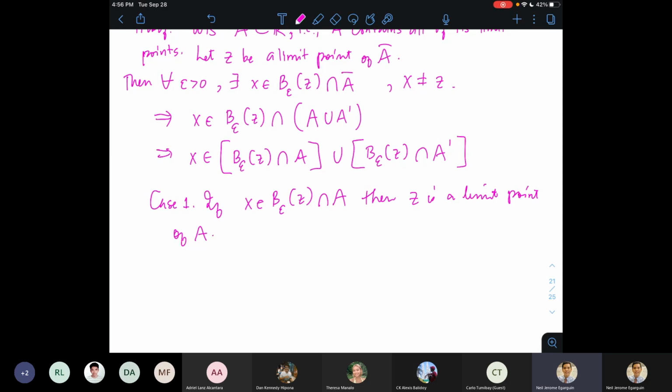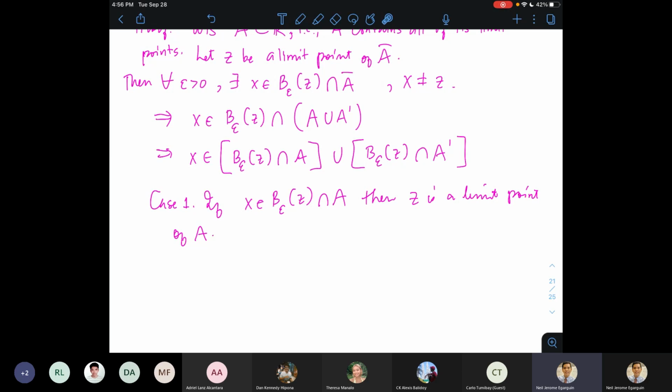So we see here that yung epsilon neighborhood centered at Z, intersection the set A ay may lamang isang element, tinawag ko siyang X, pero ang alam ko si X ay iba mula kay Z. So that makes Z a limit point of A.